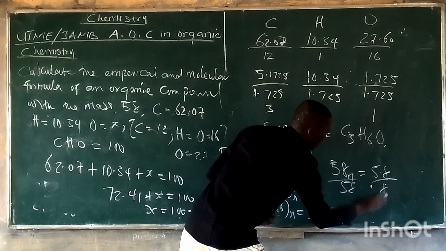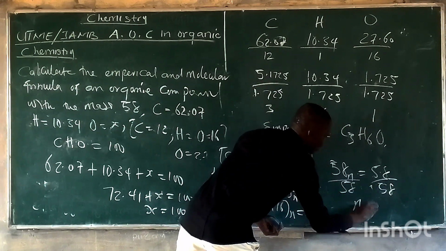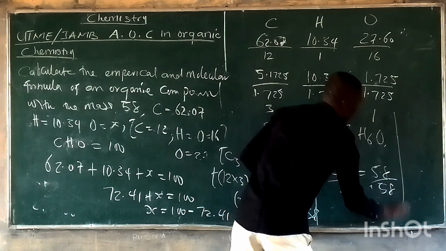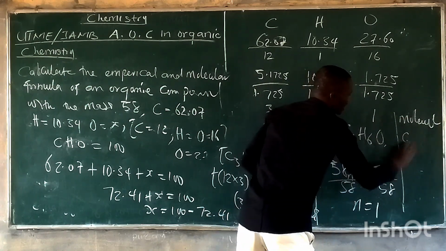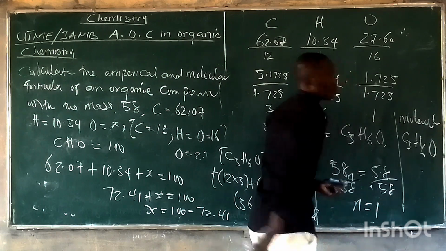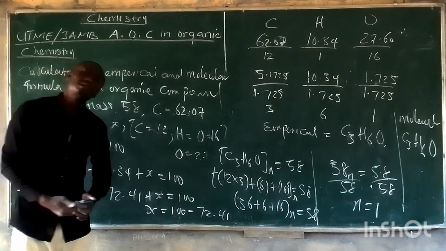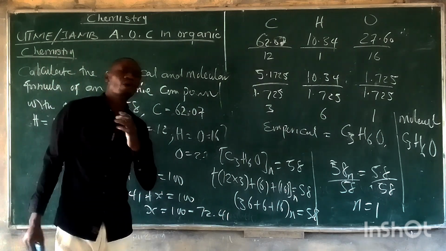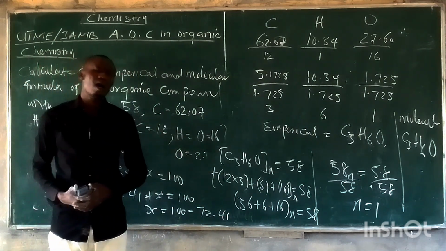I'm dividing by 58. So if I do that, n is equal to 1. That means that the molecular formula is also C3H6O. So that is all we got for you in this video. If you want to write JAMB UTME, you should prepare your mind for about 7 to 10 questions from that perspective.